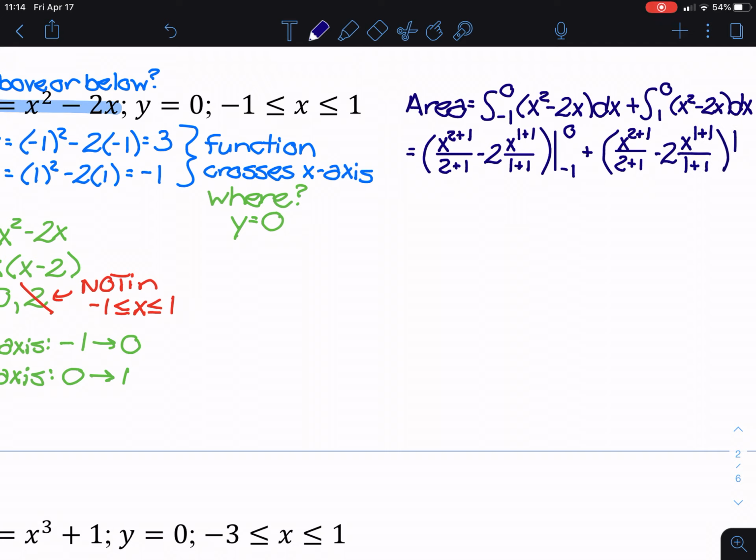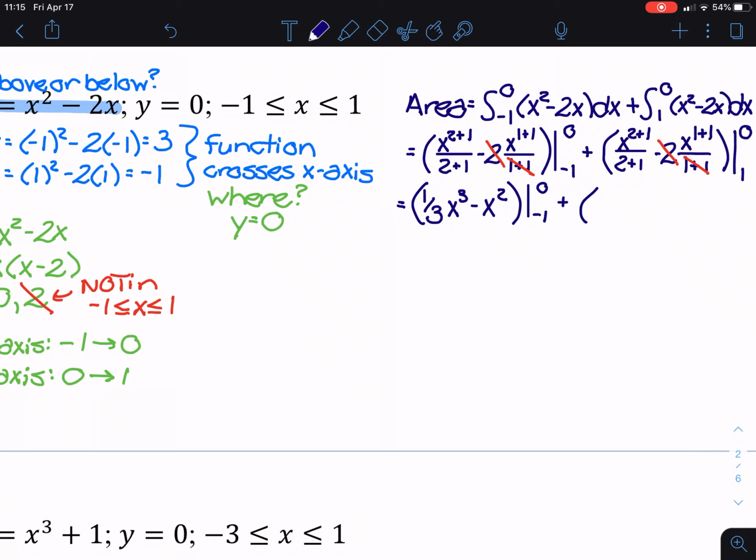And this one's going to be evaluated from 1 to 0. Okay, so really quickly I can simplify the 1 plus 1, cancel that out with the 2 in both of those. So my first area is going to be 1/3 x cubed minus x squared, evaluated from -1 to 0.